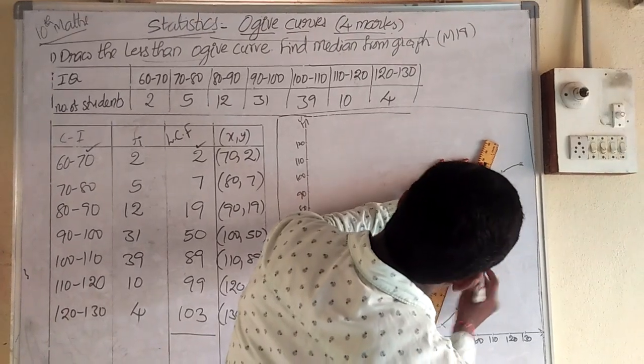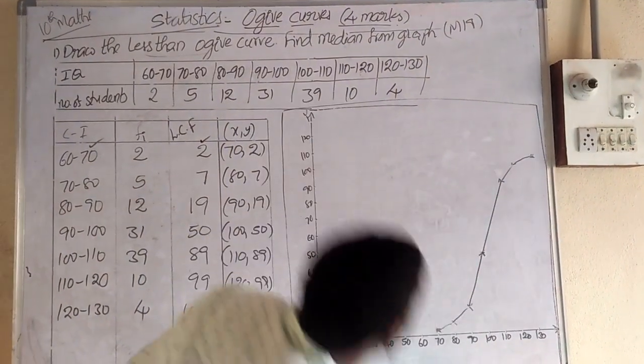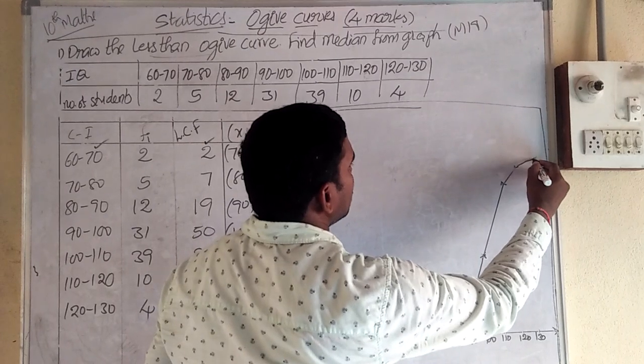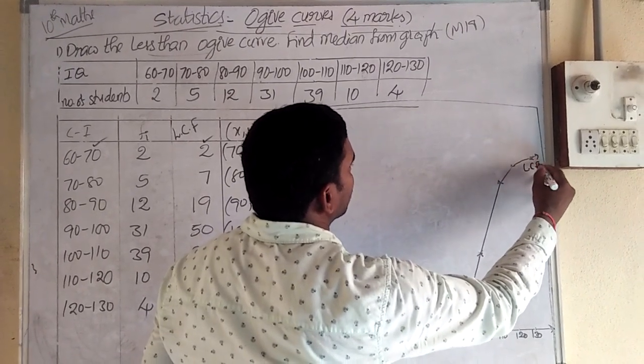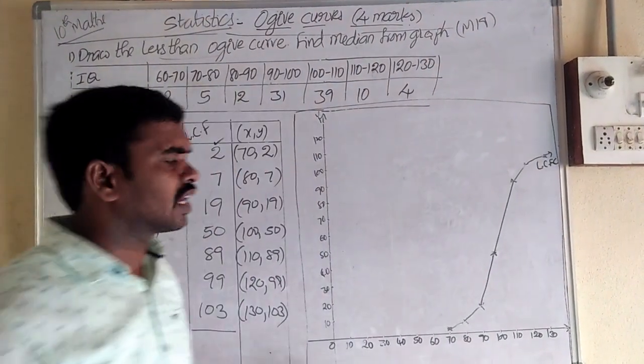Okay, all points are joined. So this is the less than cumulative frequency curve. That is the required graph.